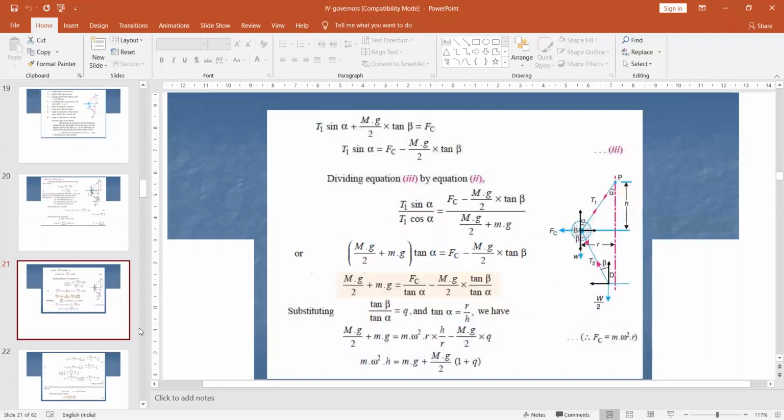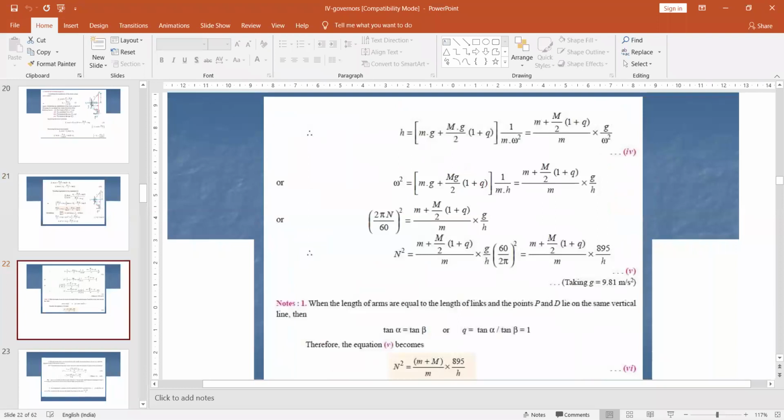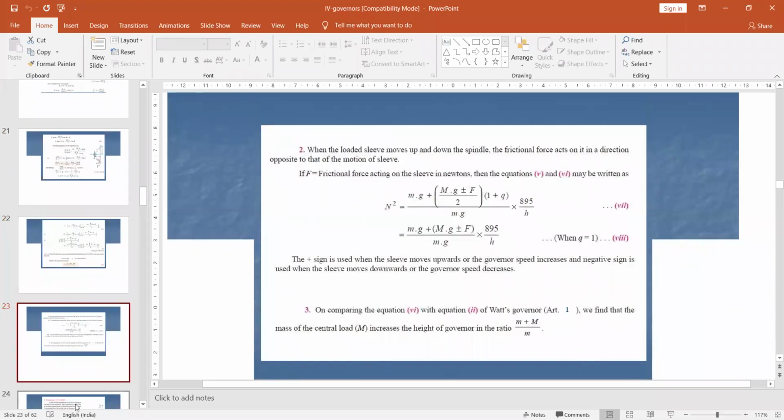In our Porter governor, the central load is additionally added. That is the small amendment to our Watt governor. Just observe when we choose the instantaneous center method approach.